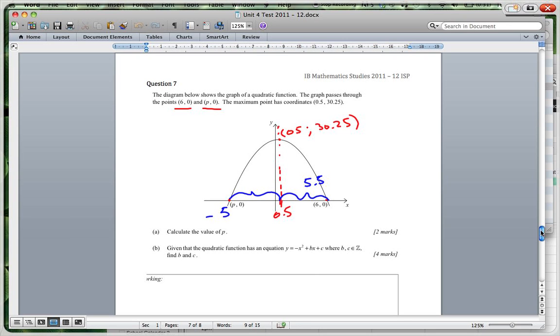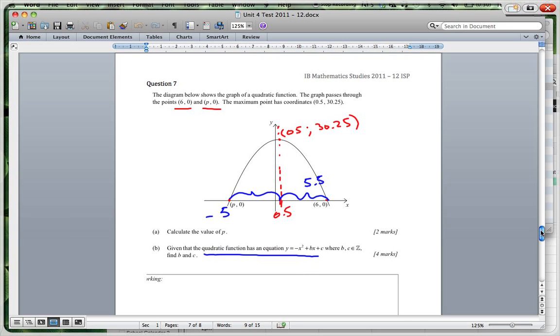And then it says, given that the quadratic function has the equation of this, where b, c are integers, find b and c. So what we're going to have to do is substitute these points into this and find out what they are.